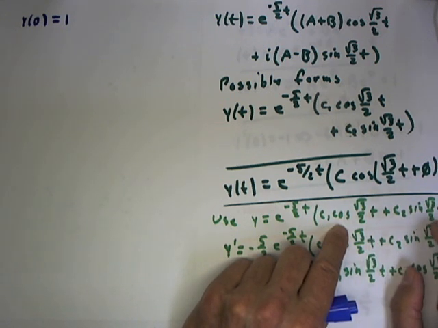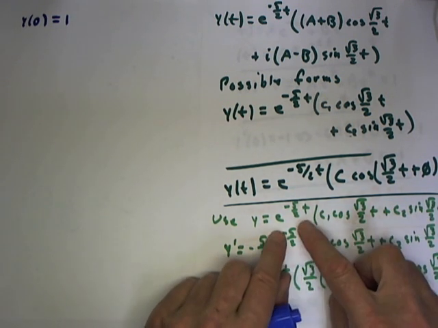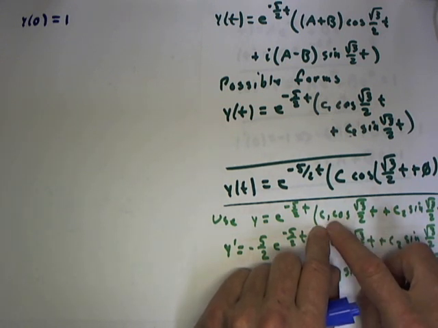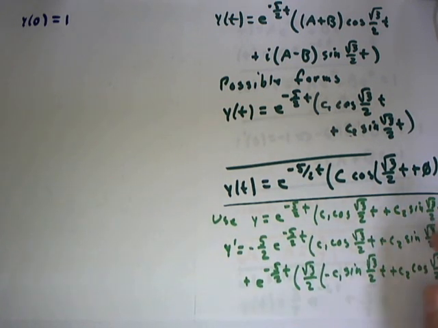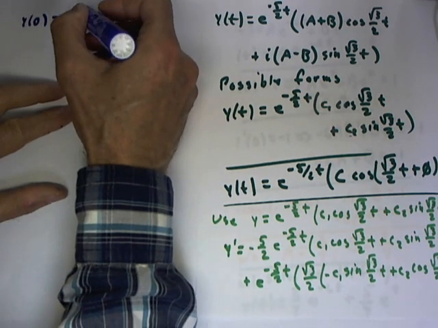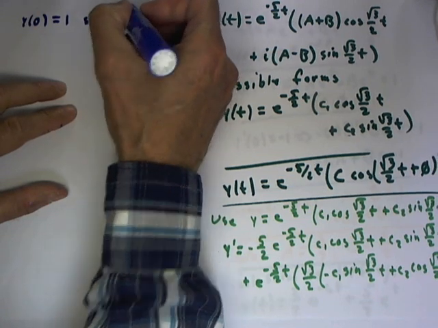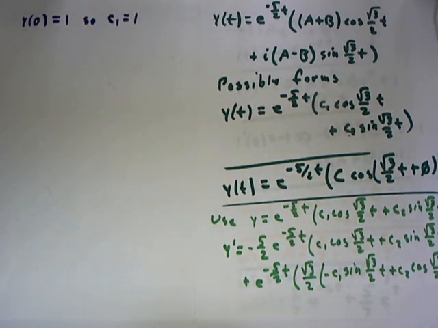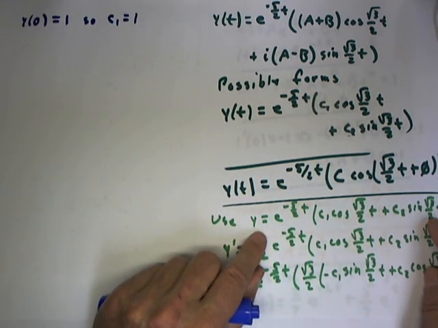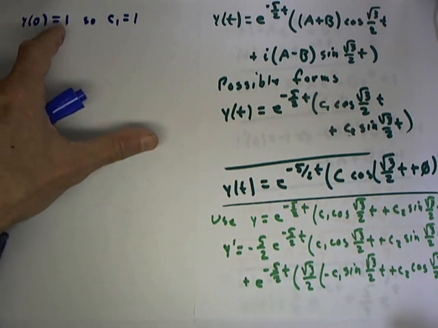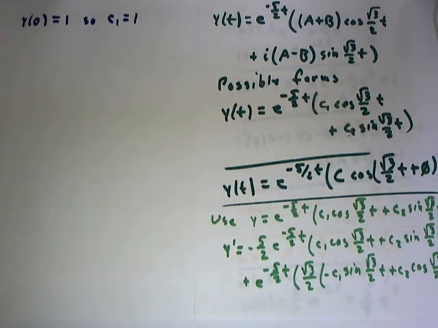C2 sine of square root of 3/2 t is C2 sine of 0. Sine of 0 is 0. So this term gives us 1. This term gives us C1 times 1, which is just C1, and this term gives us 0. And from that we conclude that C1 equals 1. Again, plugging 0 in here for t, we just get C1. And since y of 0 equals 1, C1 has to be equal to 1.